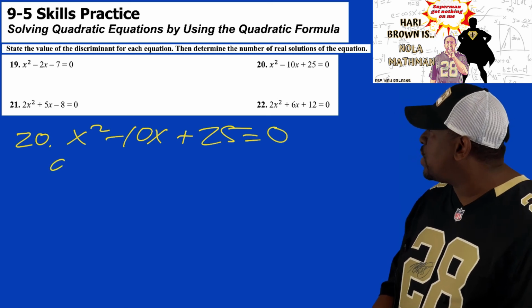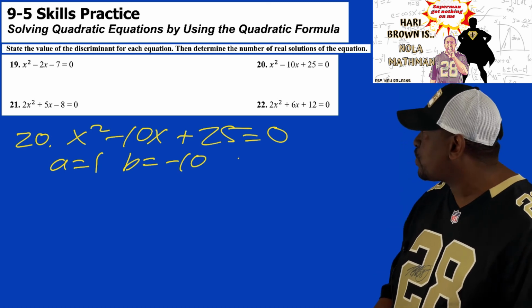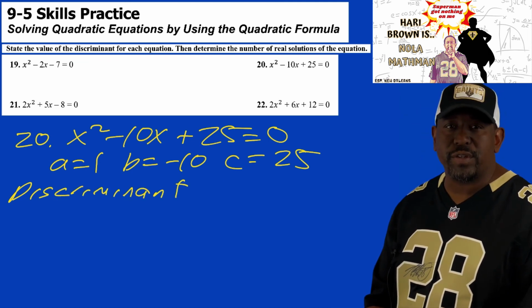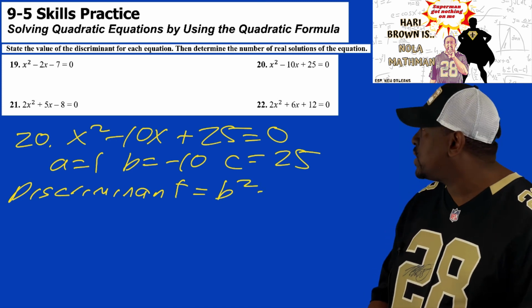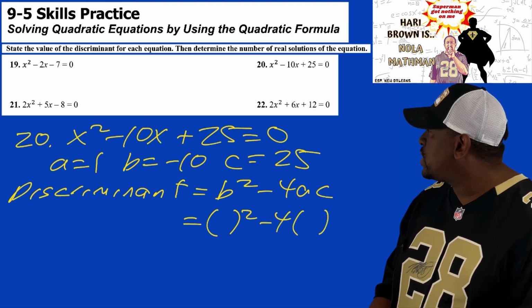So we'll do another problem here. X squared minus 10x plus 25 equals 0. It's in the form ax squared plus bx plus c equals 0. So we pull out a, b, and c. We write the discriminant, which is b squared minus 4ac. We substitute for b, a, and c, and we will get negative 10 squared.